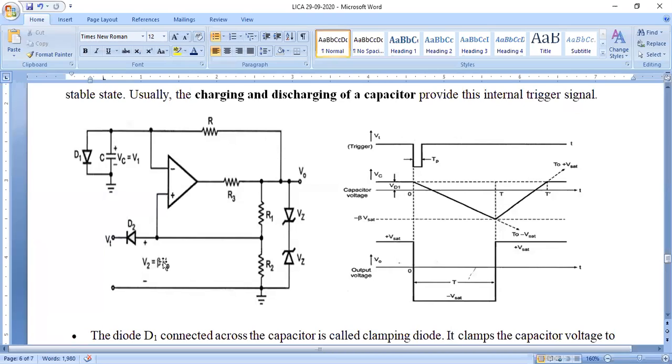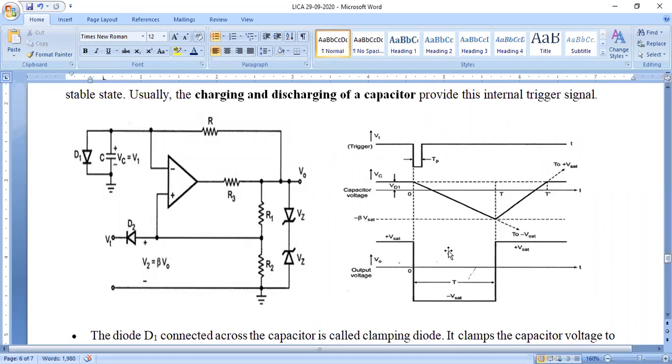So we will come across that in our time response analysis. If we see the operation of these triggering pulses, which are operated in a continuous manner, with the help of this triggering pulse we can analyze the output voltage.